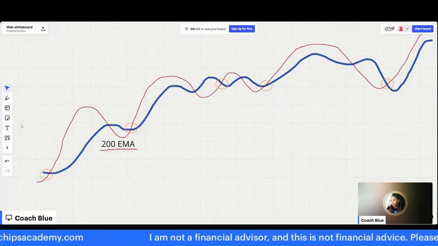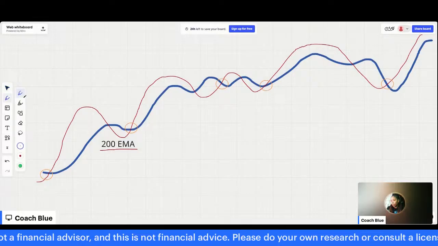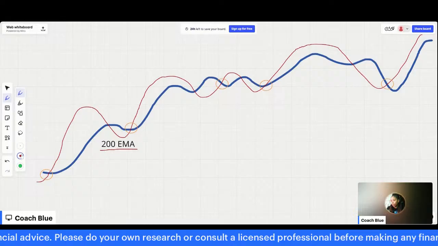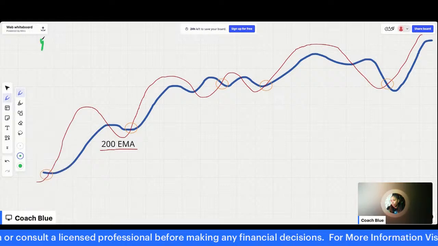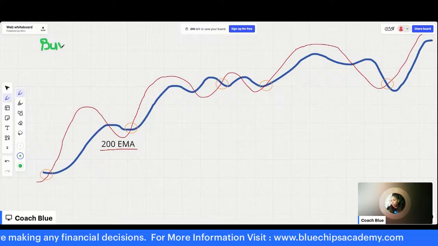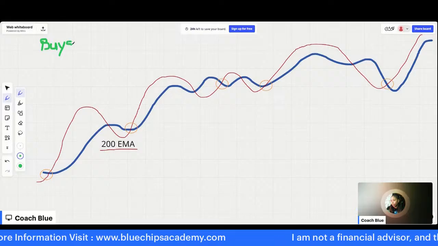When we are trading, for those that may not be fully familiar, I'll make it green. When we're looking for buys, it's all about trading in the right direction. When you trade in the right direction, you are profitable.